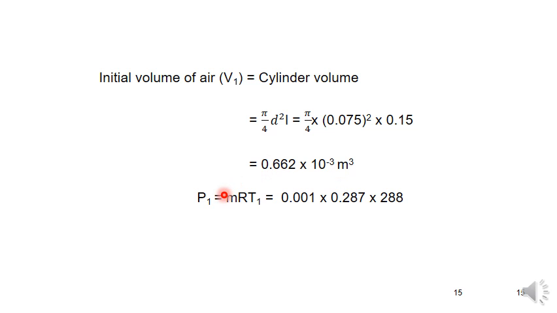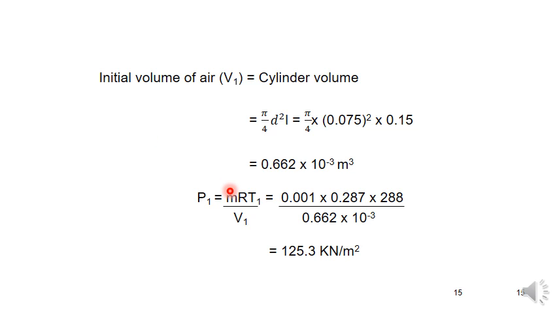So how will you calculate the pressure? P1 is equal to MRT1. In the problem they have given mass 0.01 kg, and you know the R value and the T1 value. So by using P1 is equal to MRT1 we can get the initial pressure as 125.3 kilonewton per meter square.